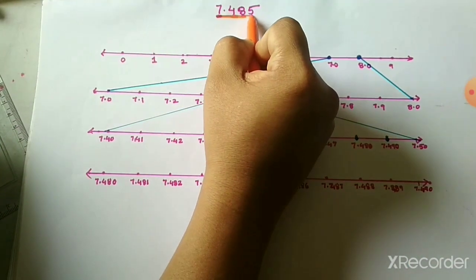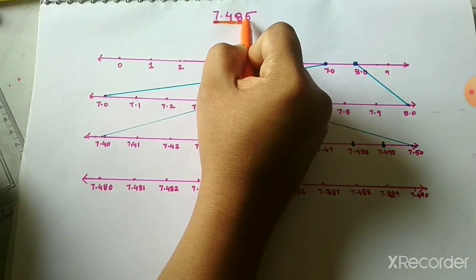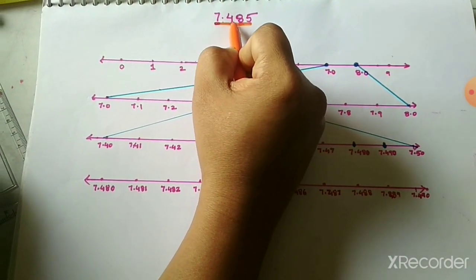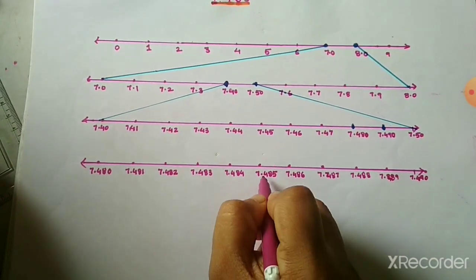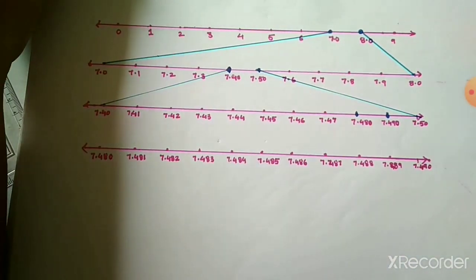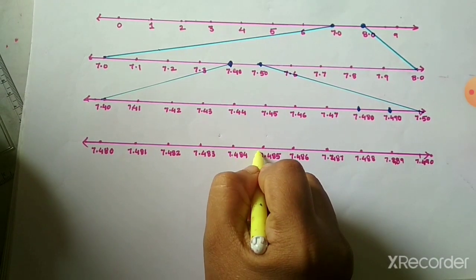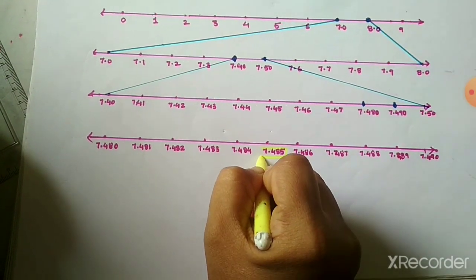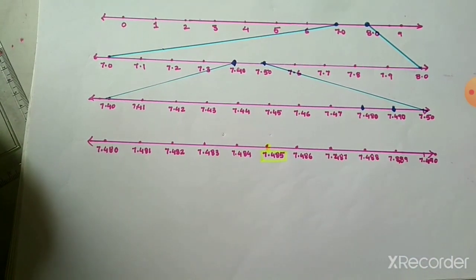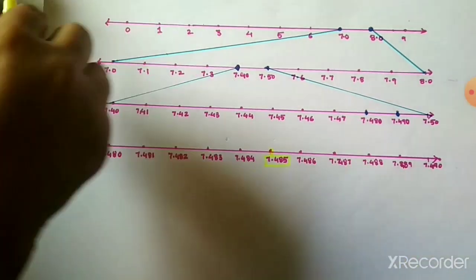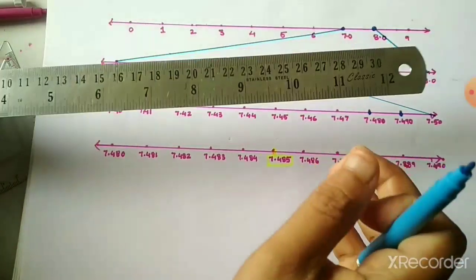Just look here again for the question. My question is, I want to represent 7.485. Where is your 7.485 exactly? Over here. Can you see? So just mark this point. So this point is nothing but your 7.485. So this is your final answer.